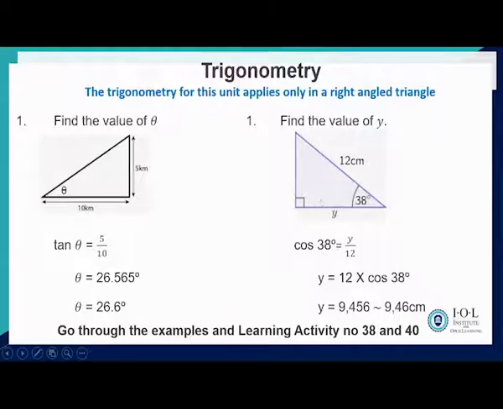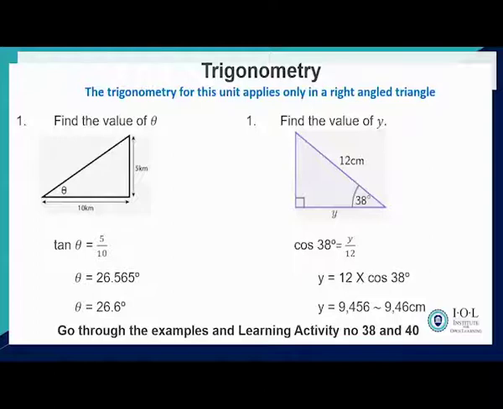The next one also has the 90 degrees, and the 12. You immediately know 12 is the hypotenuse. It's opposite the 90 degrees. So I must find y. I go and stand at the 38, which is known. Now between the y and the 12, what do I make, sin, cos, or tan?